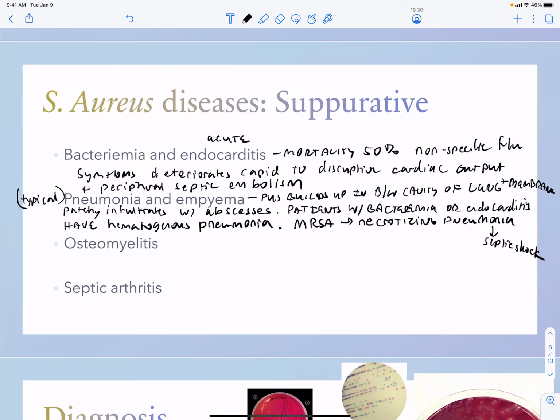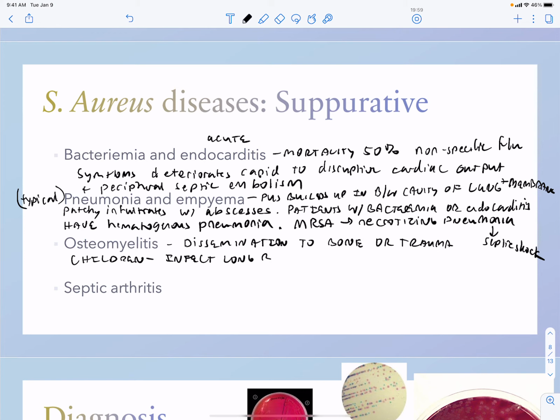Okay, so osteomyelitis is going to be when you have dissemination to the bone. And this also could be caused by some sort of trauma. Now in children, staph is going to infect the long bone. And it's going to lead to sharp, intense pain in the bone that's infected.